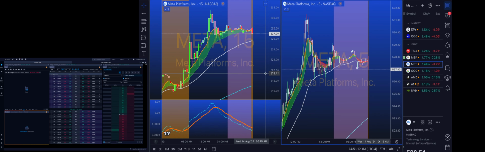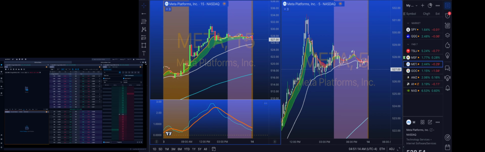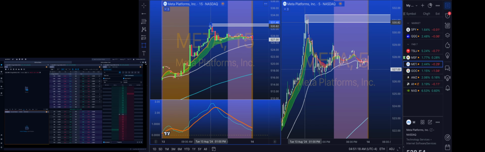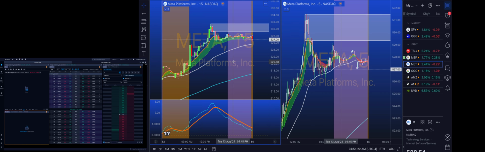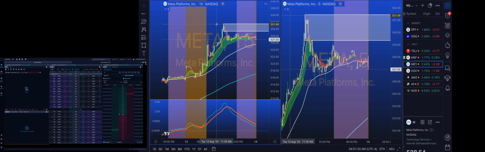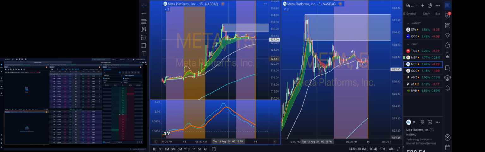Let's go to Meta. Nice chart. Same thing. The high of day down to the next candle body, the high of the wick of the high candle, and the body of the next candle lower.